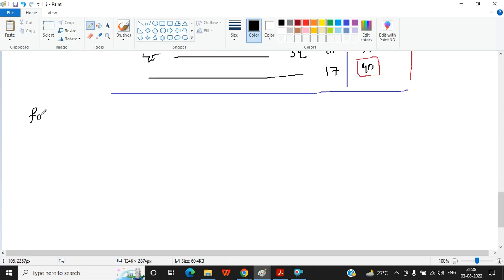For i equal to n minus 1, while i is greater than or equal to 0, i minus minus.